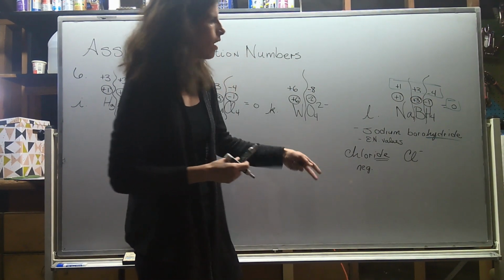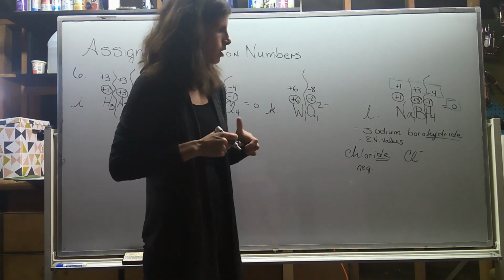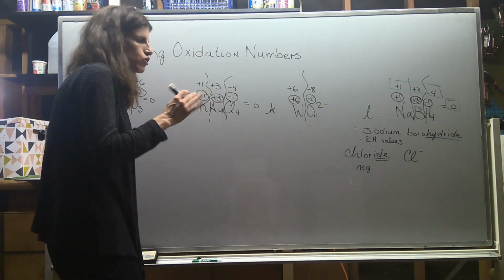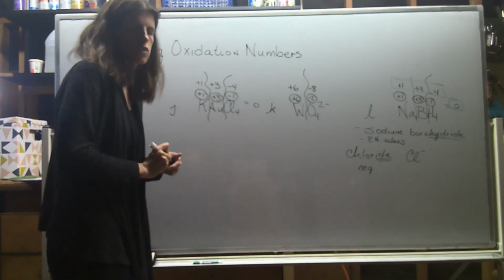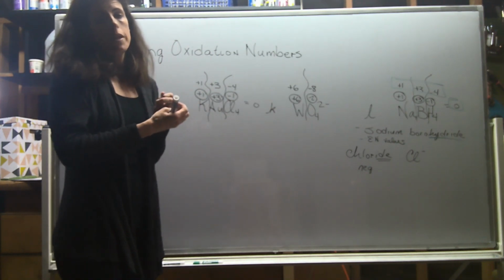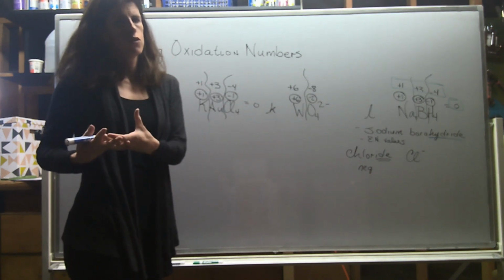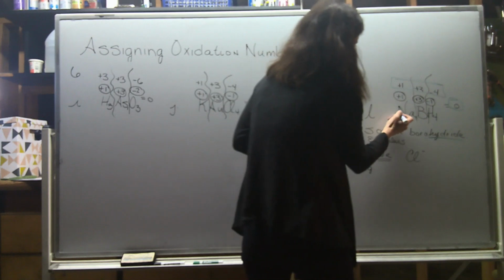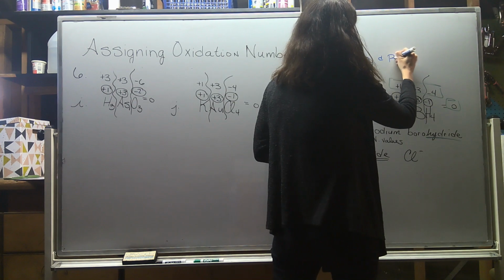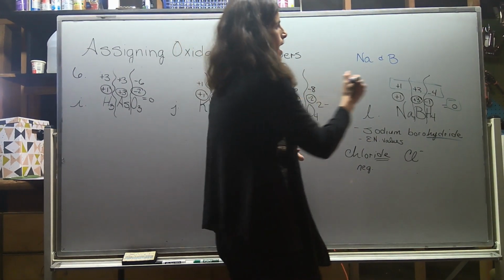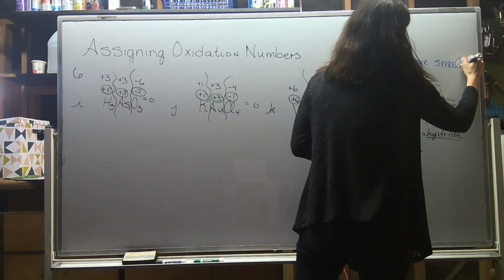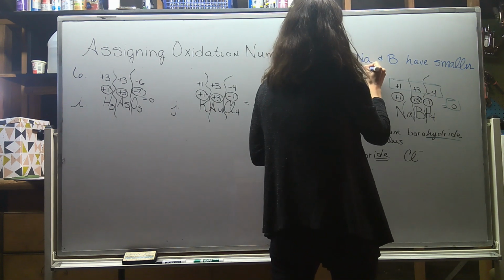What other clues? How would electronegativity values help us figure out the correct oxidation numbers here? So, believe it or not, hydrogen's kind of all over the place when it comes to its position in the periodic table. I know it's on the left side of the periodic table, but it doesn't entirely act like a group 1 metal. Sodium and boron both, if you look up their electronegativity values, have smaller electronegativity values than hydrogen.